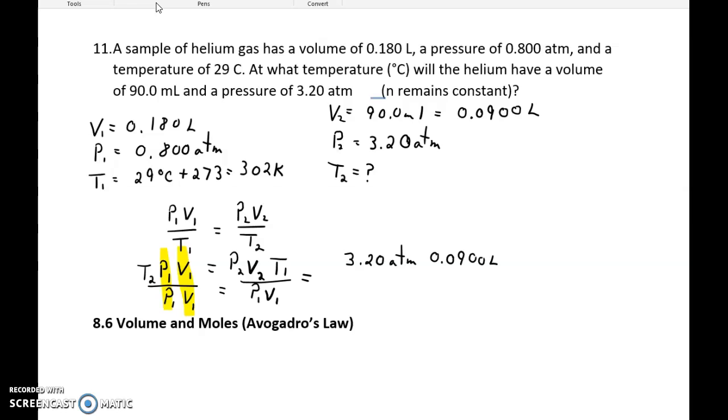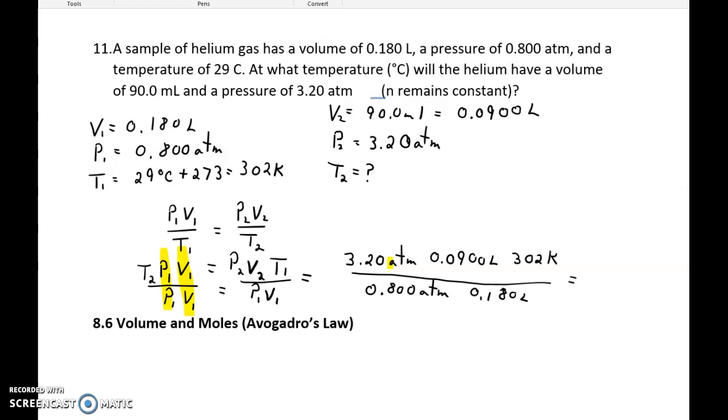And our initial temperature was 302 Kelvin. Then that gets divided by P1, which is 0.800 atmospheres, and V1, which is 0.18 liters.